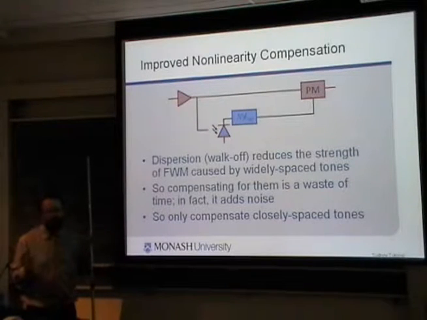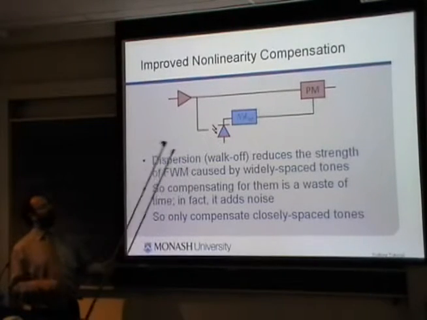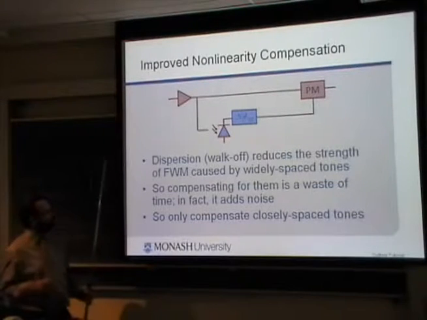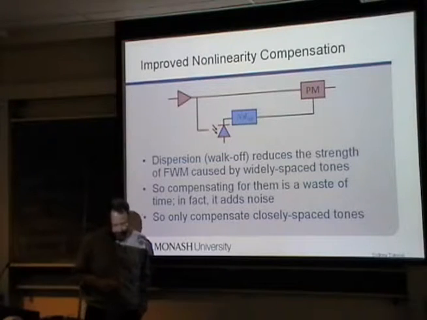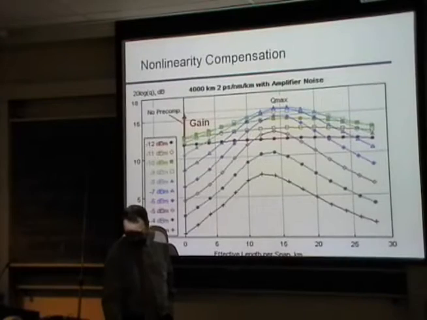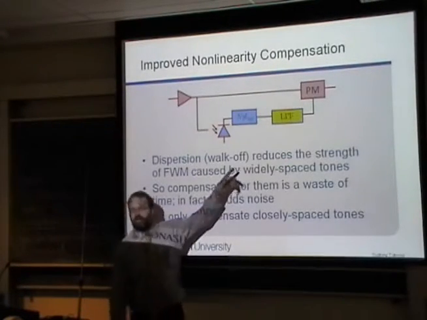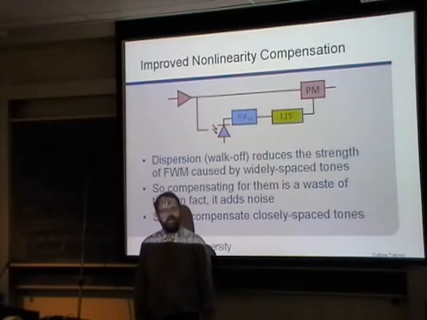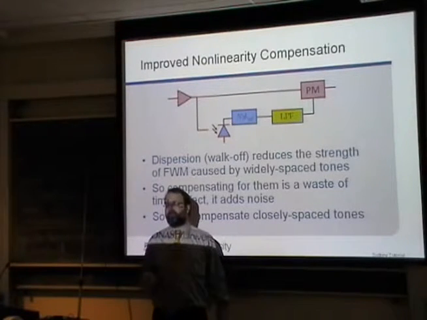A slight modification is to put one of these at the receiver. A better modification is to put one of these every so often. That would work well, but maybe you don't want that complexity along the link. We find, though, that if we put a low-pass filter, which is an electronic filter, a resistor and a capacitor, costing 10 cents, then we can make this system work a lot better.